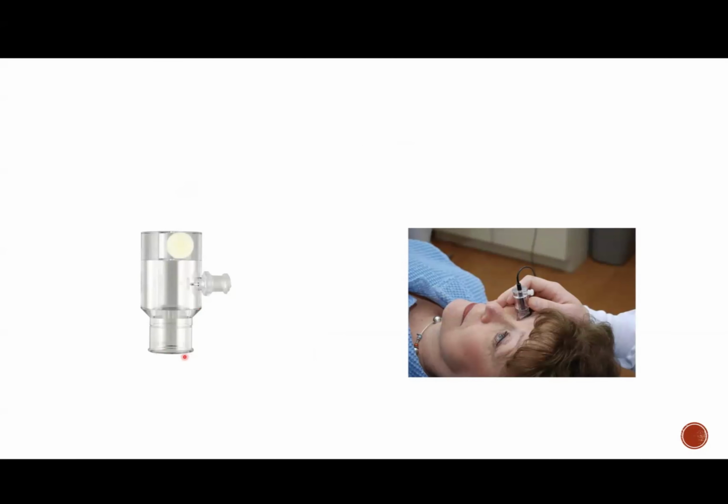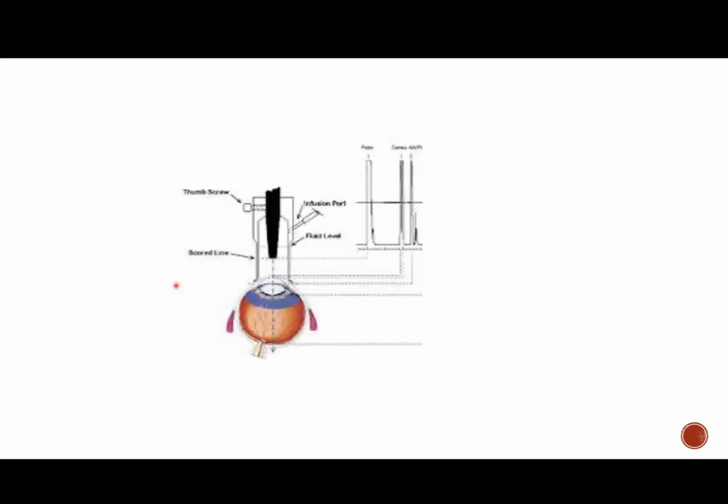This part is fixed onto the globe around the cornea, and the ultrasound probe is fixed into it. The probe is fixed onto the top part, and the bottom part is fixed onto the globe. This small area is to fill the chamber with saline or whatever fluid you are going to use.